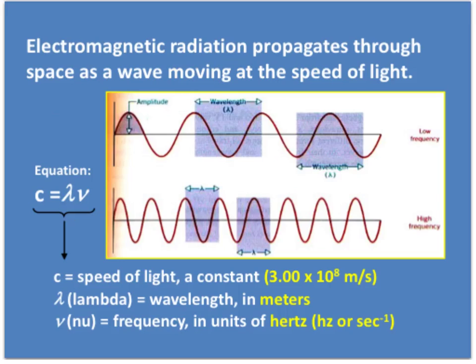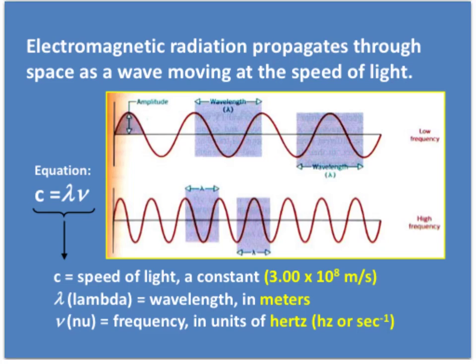So if we look at the first statement here, which states electromagnetic radiation propagates through space as a wave moving at the speed of light. We've talked about radiation as a transfer of heat when objects are not in contact, or a transfer of heat in the absence of matter. So we know that. Now think of propagates. What does that mean?